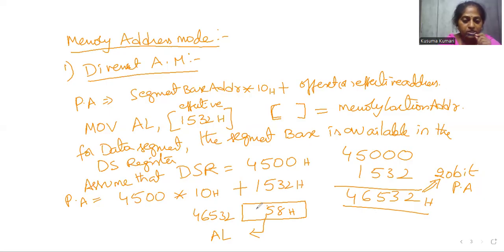Whatever data is available there is transferred to AL. After execution of this instruction, AL contains 58 hexa. That is the direct addressing mode.